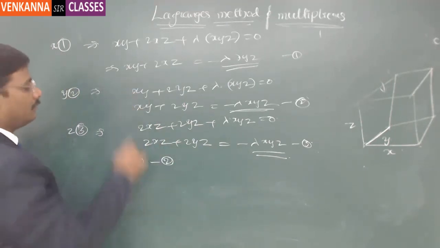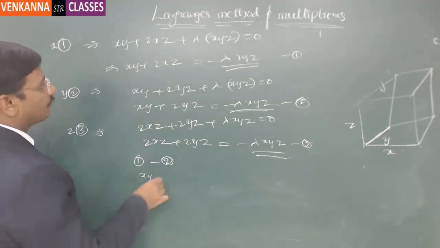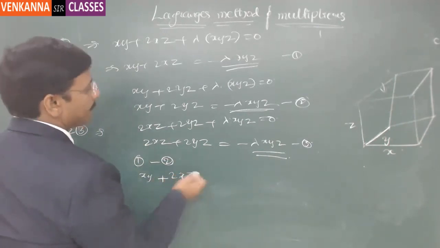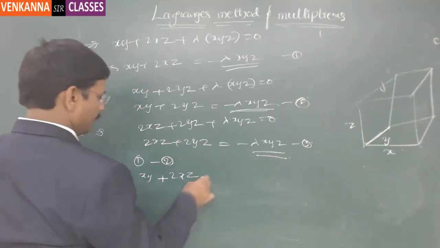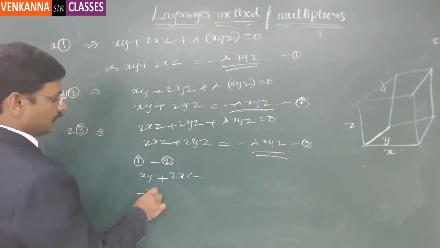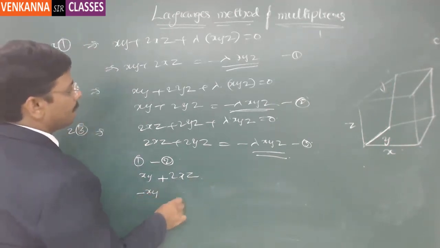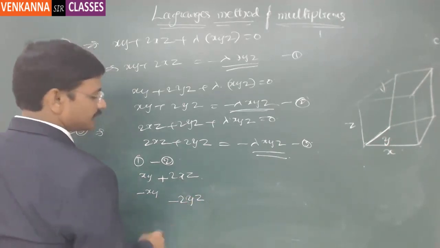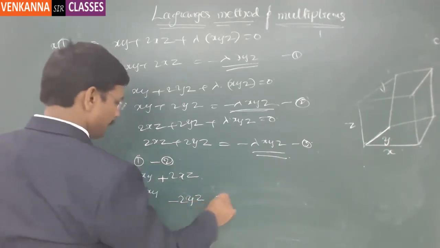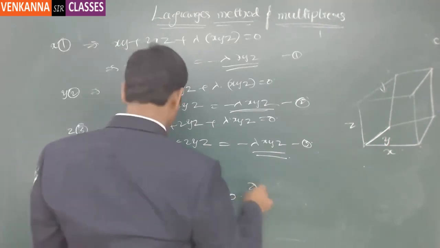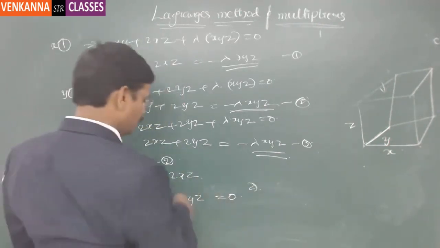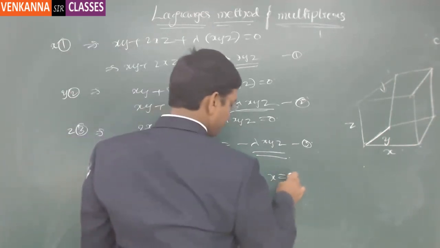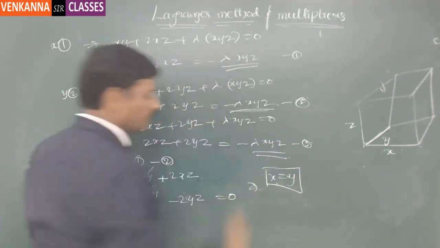Subtract 2 from 1, then it will be xy plus 2xz minus xy minus 2yz, so this subtraction is equal to 0. So it implies xy cancels, and then x is equal to y. So this is the condition we have got.